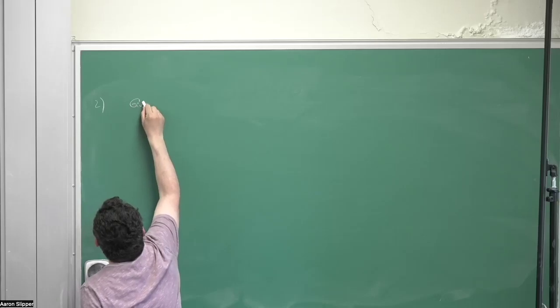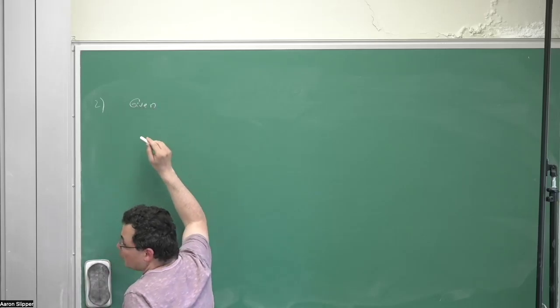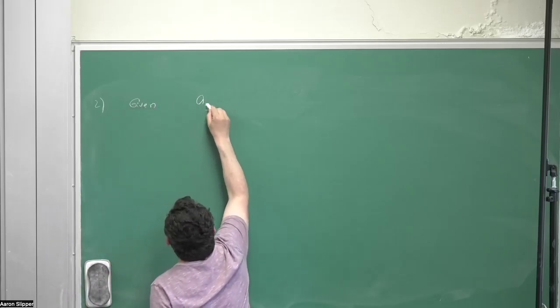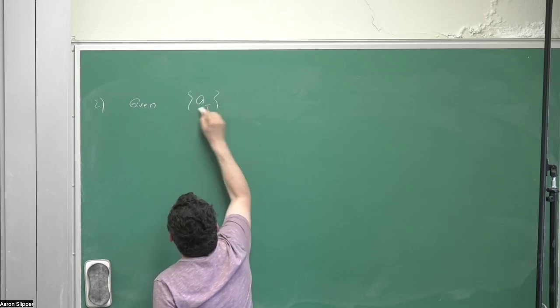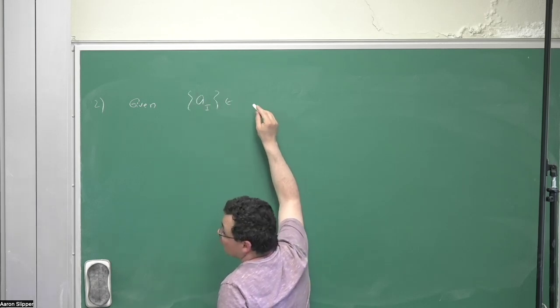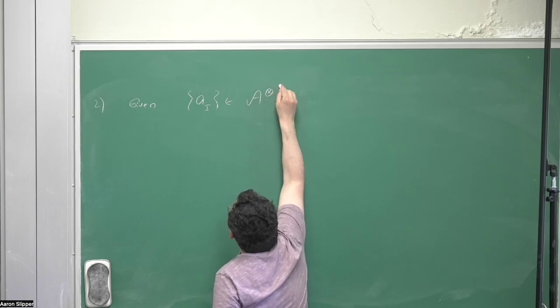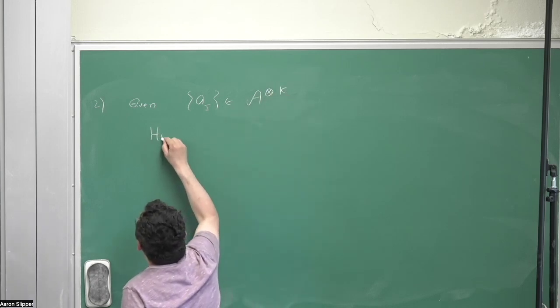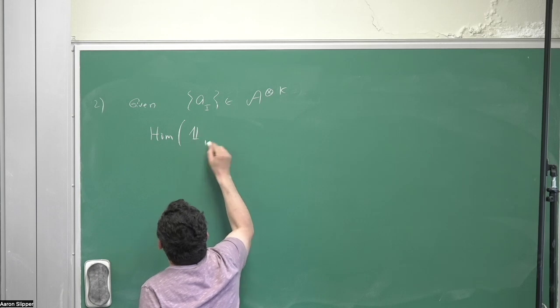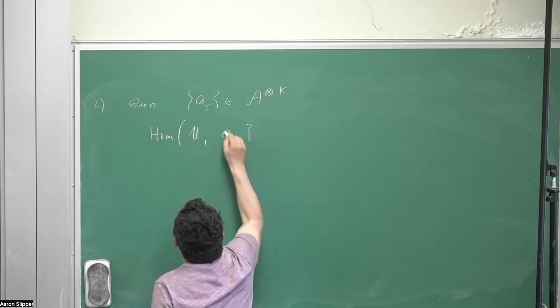Given this collection A sub I, this collection is an element of A tensor K, from the unit into this thing.